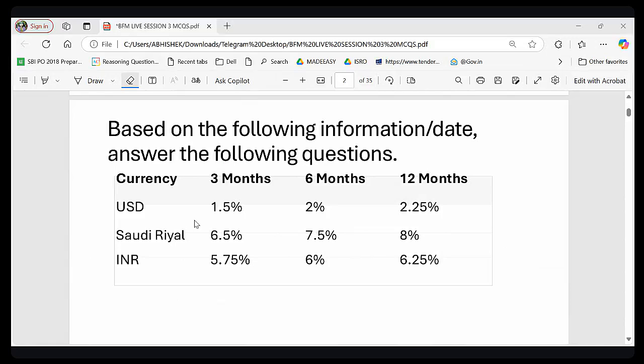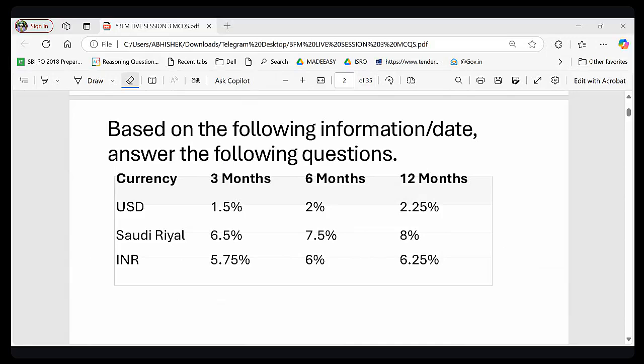So it is 2%, right? It is 2%. And what is the 6 month interest rate for INR? Please see this table. What is the 6 month interest rate for Indian rupees? It is 6%, right? Right, Dinesh.